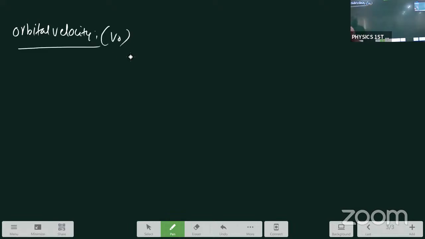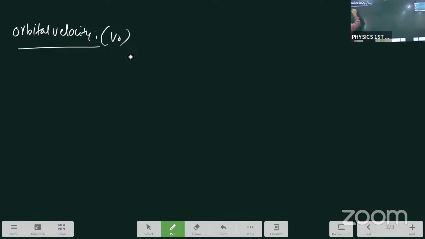In this, the first statement: what is the definition of orbital velocity? Orbital velocity V0 is the minimum velocity required for an object, a satellite, to revolve around the Earth in circular orbit.